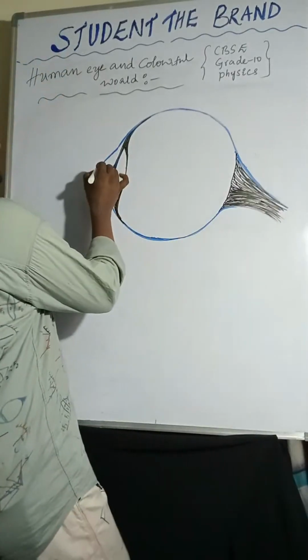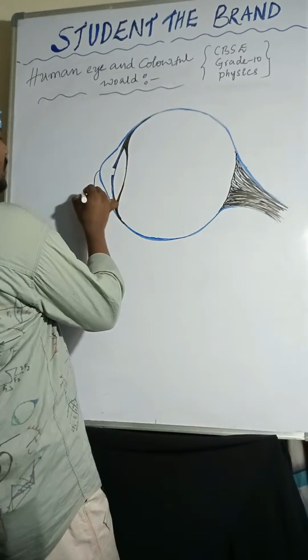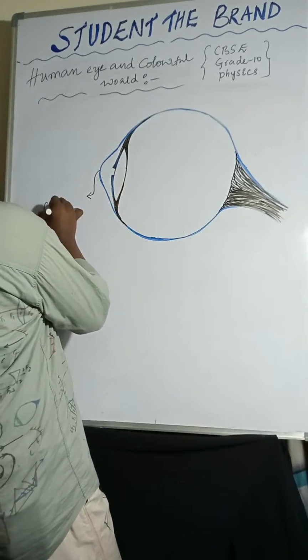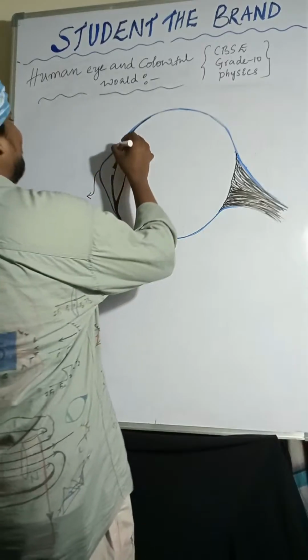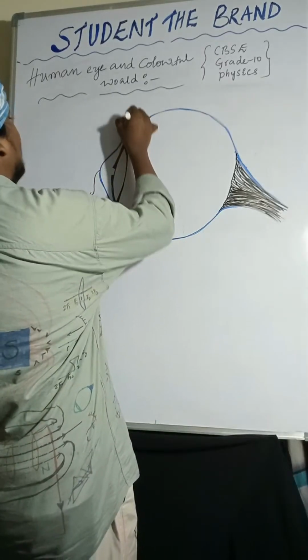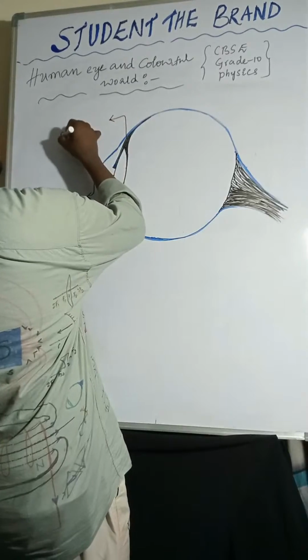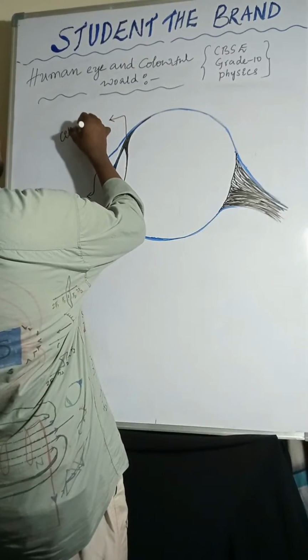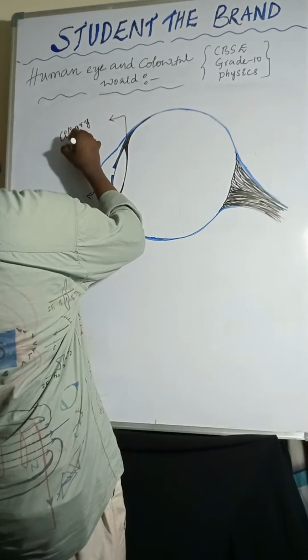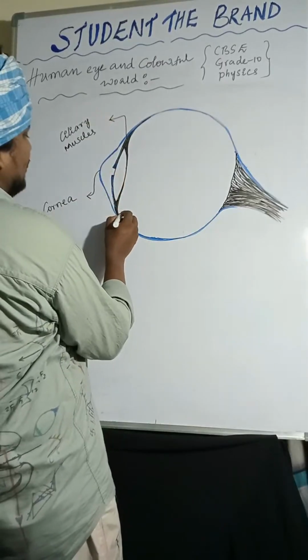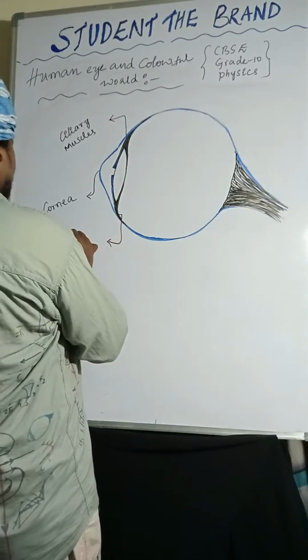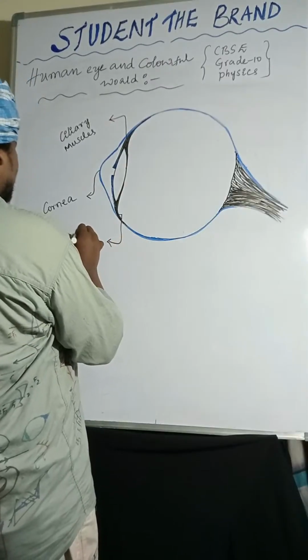So the front portion is called the cornea. Ciliary muscles. This also is ciliary muscles.